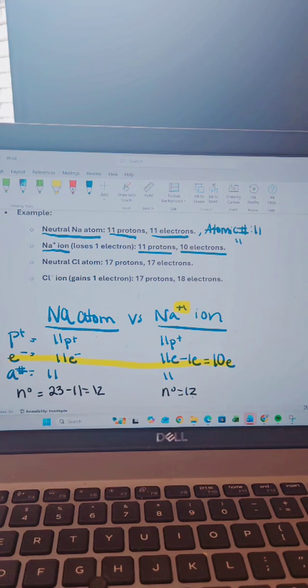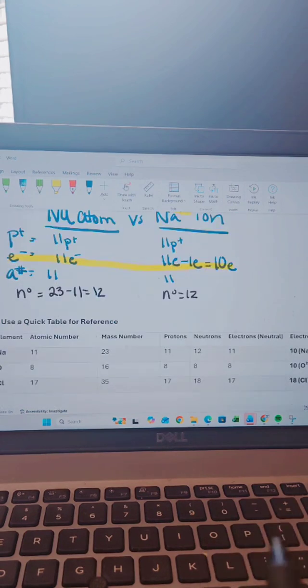All right. Now, let me show y'all chlorine. Let's do chlorine. I'm going to leave this one here, but I'm going to scoop the screen down so that you all can see chlorine. Oh, and then we're going to hit this table right here.